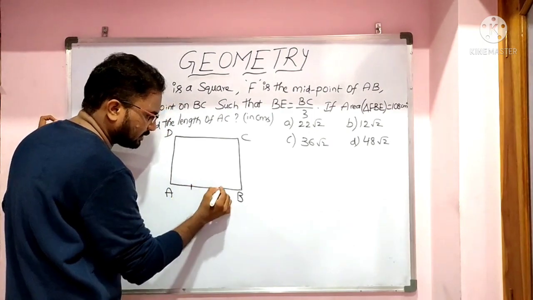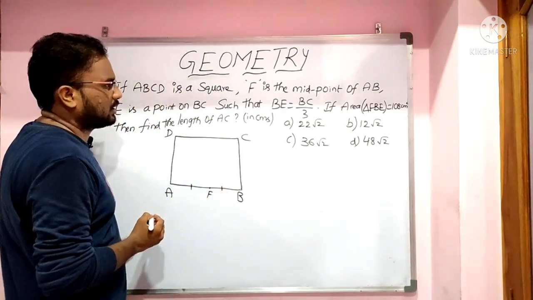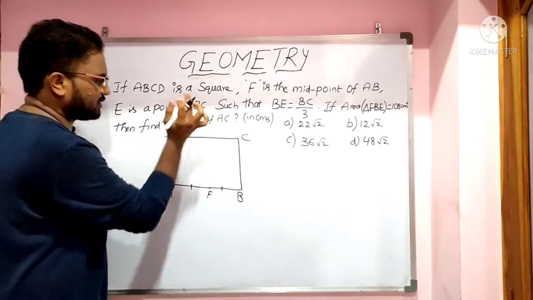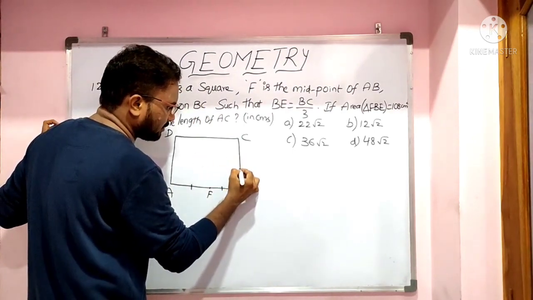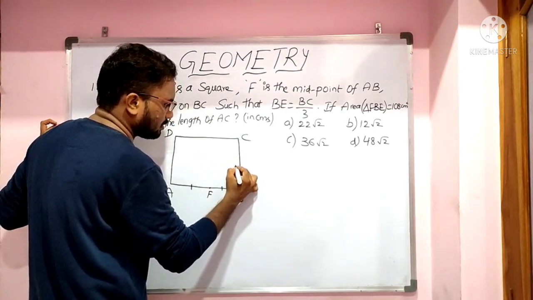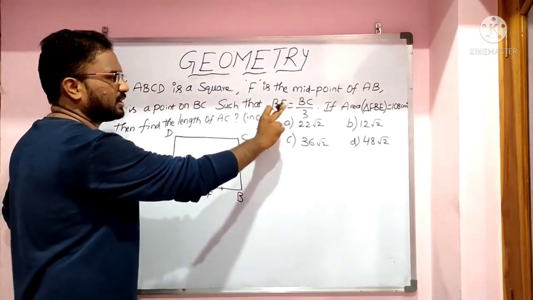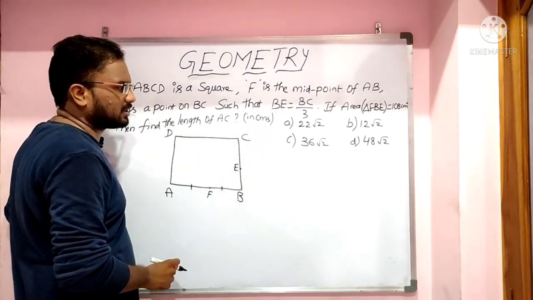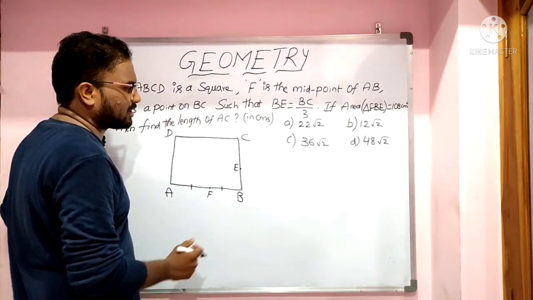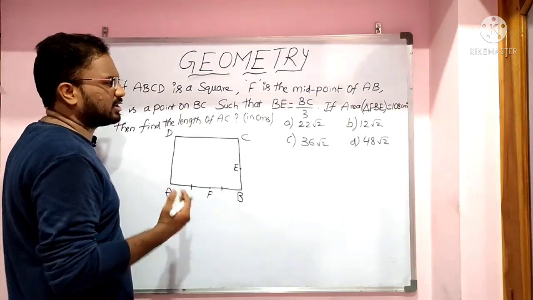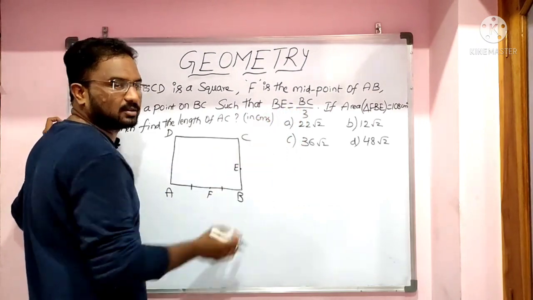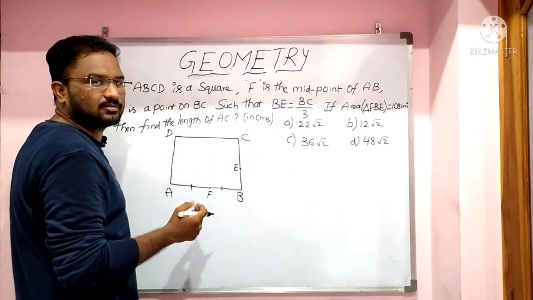That means these two lengths are equal. E is a point on BC such that BE equals BC by 3. I will consider a value that is a multiple of 3, so that our calculation will be easy.